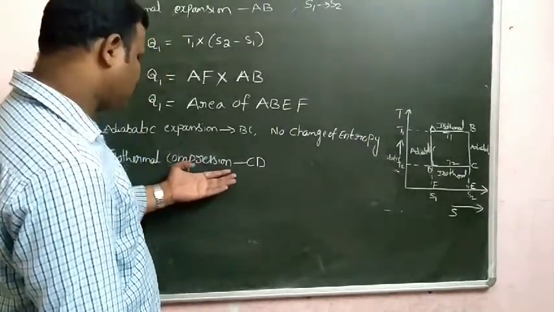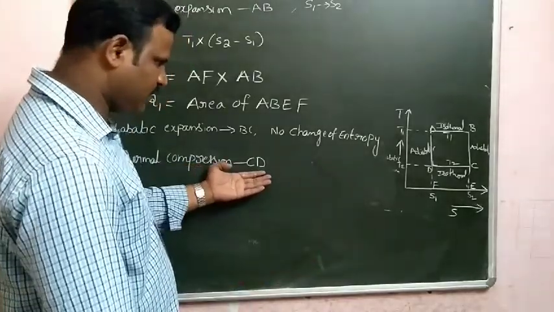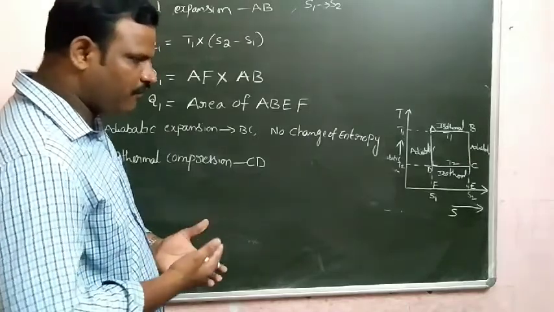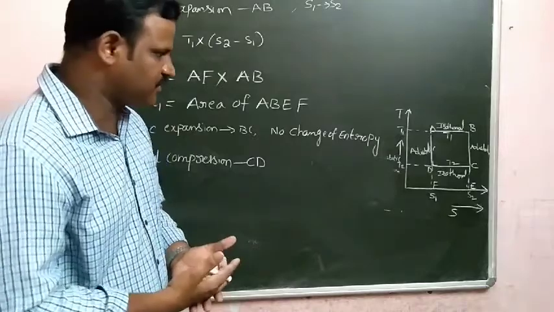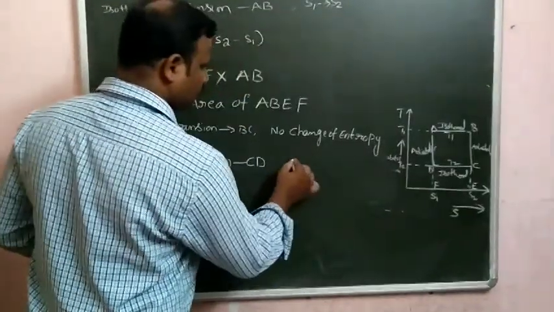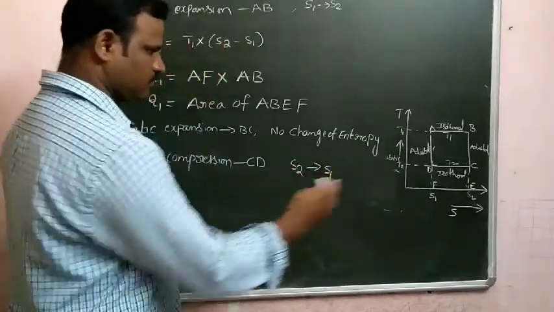Third, isothermal compression along a straight line CD, the entropy of working substance decreases from S2 to S1.